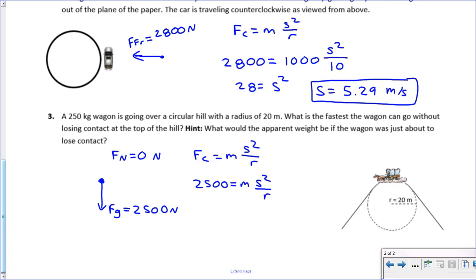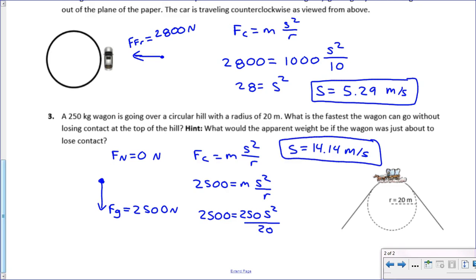Plugging in numbers here. 2,500 equals 250 times s squared divided by the radius, which in this case is 20. If you solve that, you should get that s equals 14.14 meters per second.